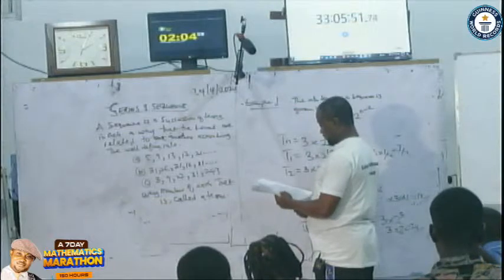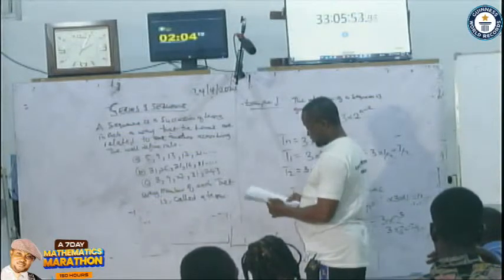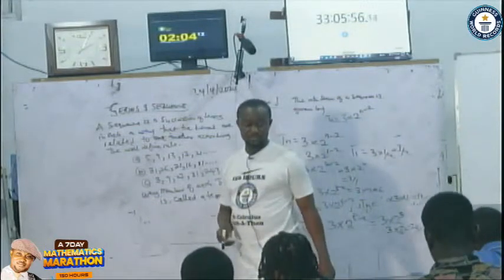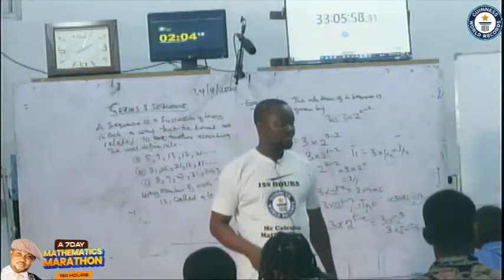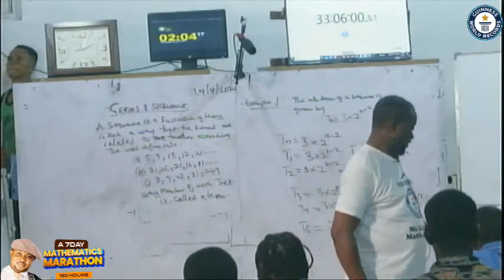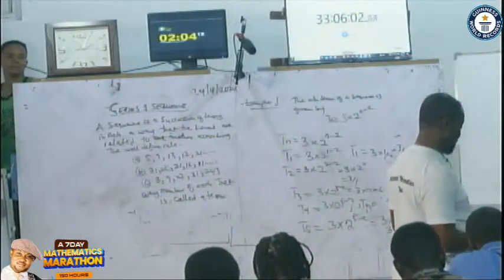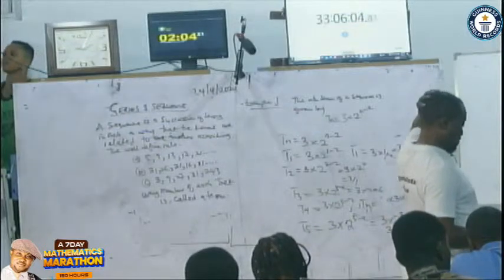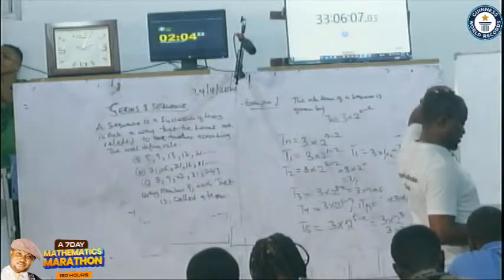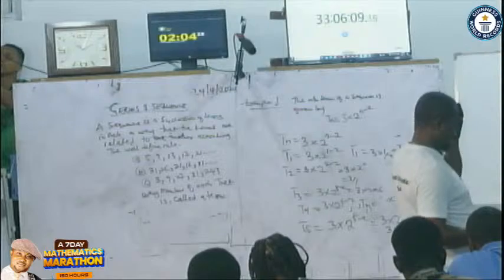First 4 terms of the sequence. Let's see example 2. The first 4 terms of the sequence, whose relation is given by Tn equals 3 plus 7n.